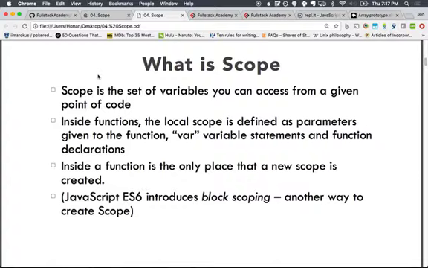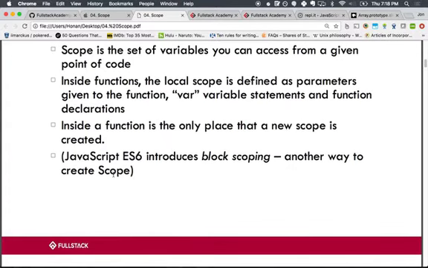If you define a variable with var inside a function, it's going to be within that function's scope and not accessible outside it. There's other rules, but there are no other new scopes in the JavaScript you're writing that aren't created by functions. So you don't have to look at any other weird brackets. Brackets don't create new scopes. Functions do.